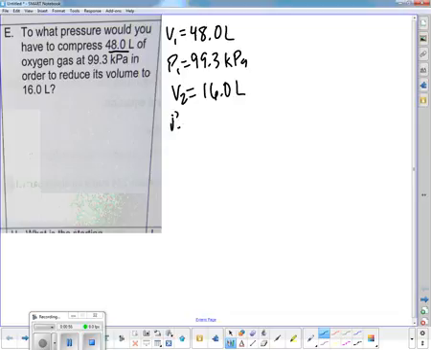So I'm looking for P2. Whose law? What's being held constant? What's not there? Temperature. So whose law holds temperature constant? Boyle's. Okay, so we have Boyle's law. What is Boyle's law?